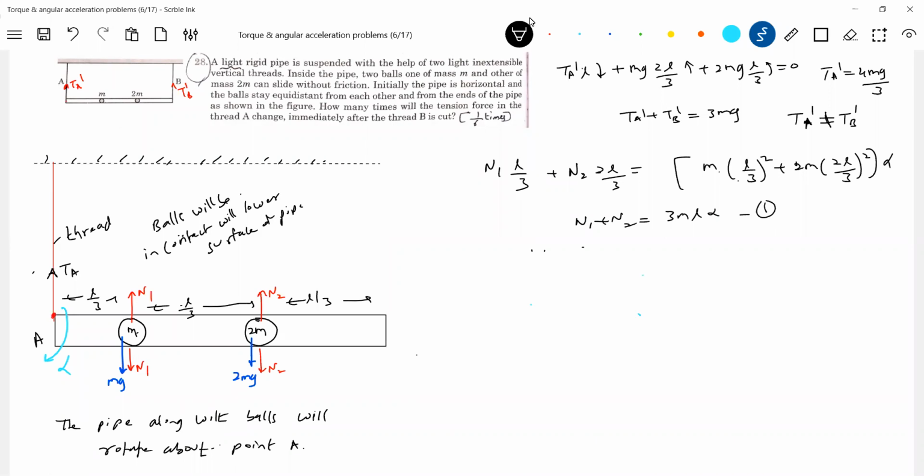Afterwards we'll go for the balls. The balls will have mg minus N1 equal to ma1. What is a1? A1 should be equal to L by 3 alpha. So mg minus N1 equal to m L by 3 alpha. Call this equation 2. Similarly, 2mg minus N2 equal to 2ma2.